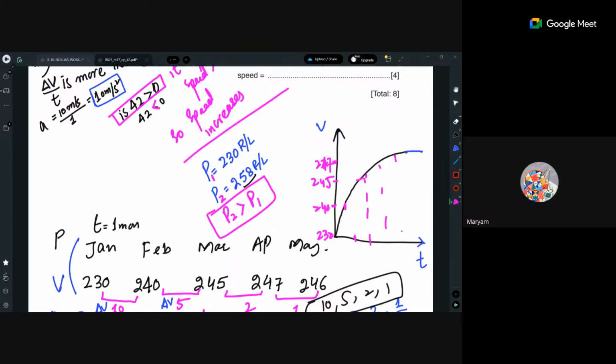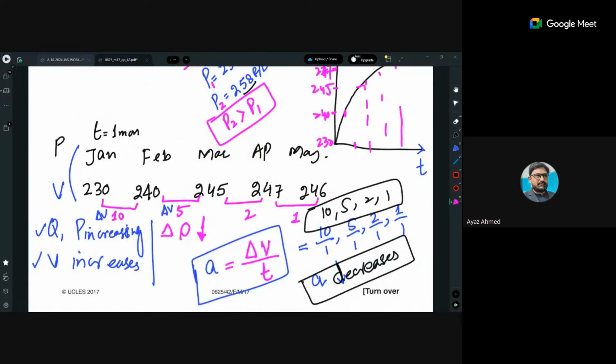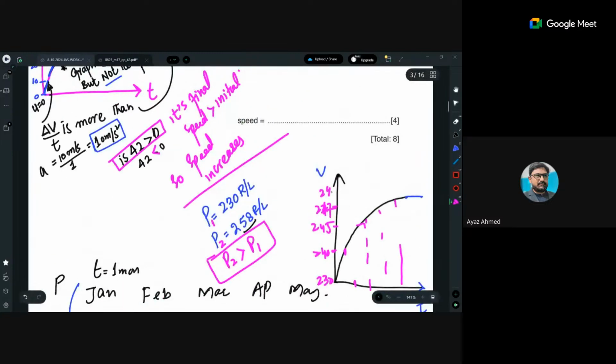And then in the next month, where did it go? Oh sorry, I should have written 48. It went to 248. So it increases, but slowly. Is it clear? Yes, sir.